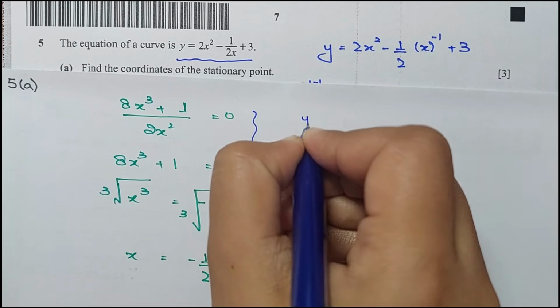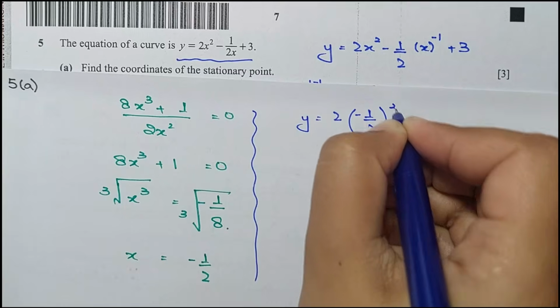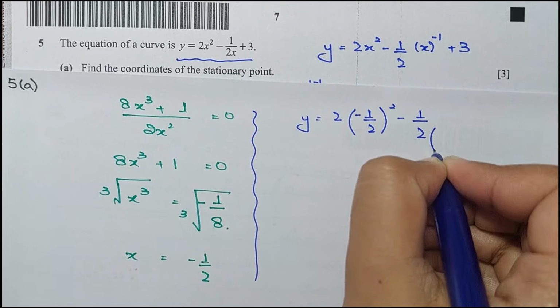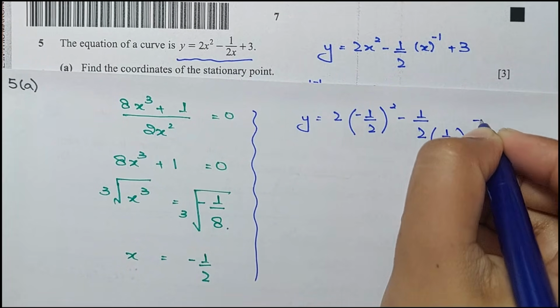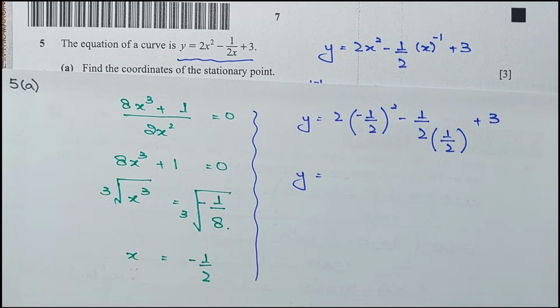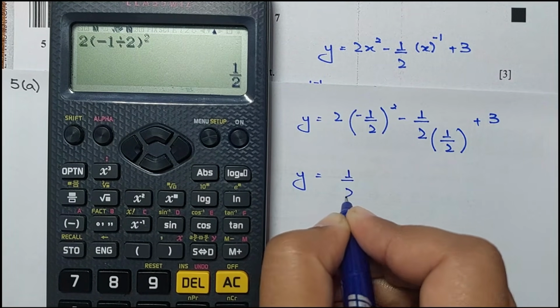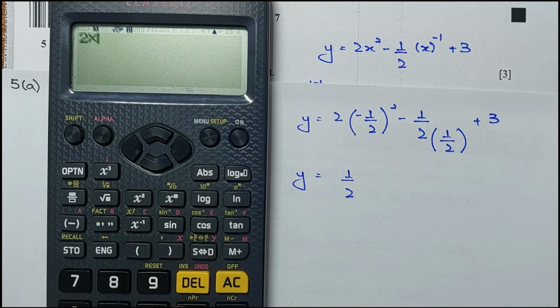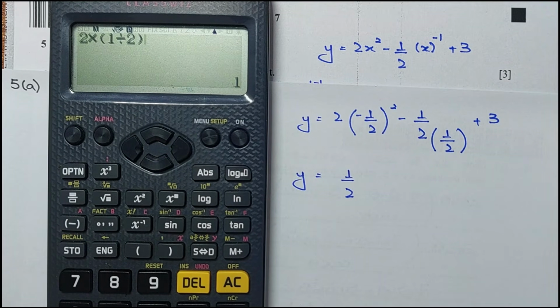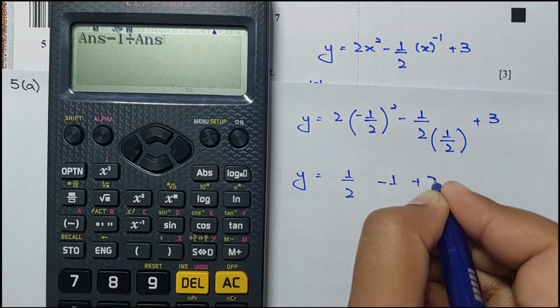So y would be equal to 2 times (-1/2)² - 1/2 times (1/2) + 3. So y is equal to 2 times 1/4, which is 1/2, and 2 times 1/2 is 1, minus 1 plus 3.